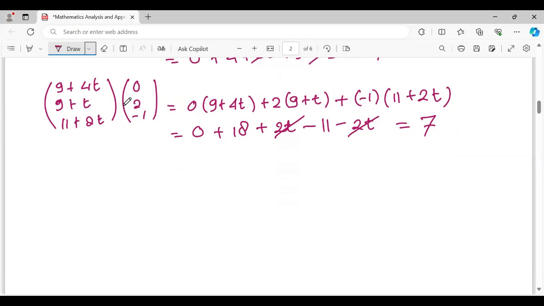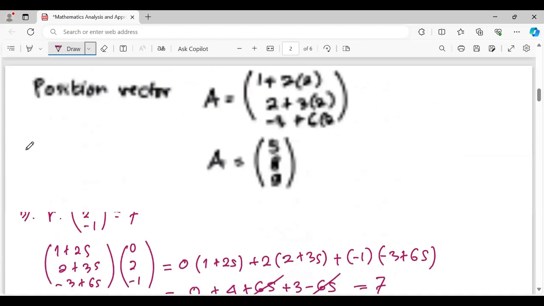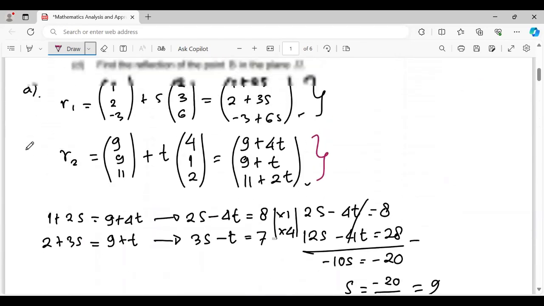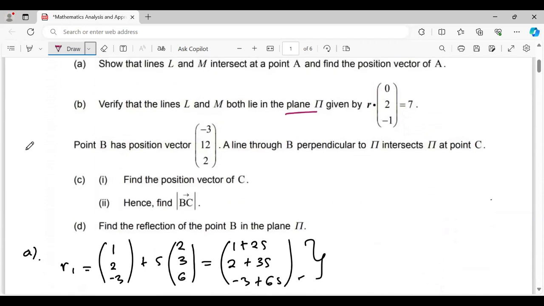Now the position vector for C. I'm going to check the question first. Point B has position vector (-3, 12, 2).